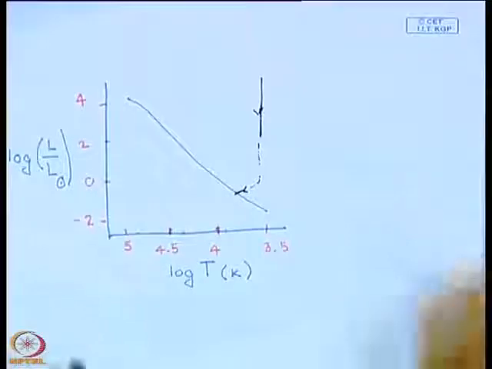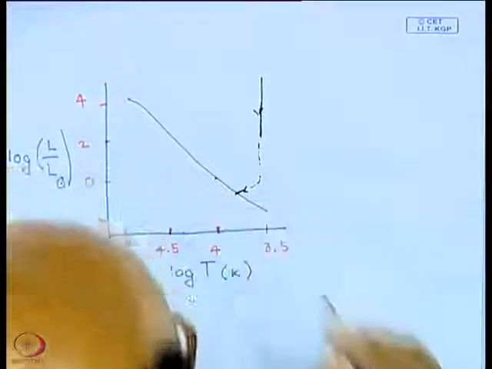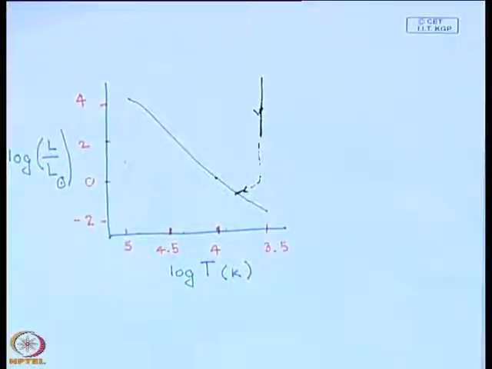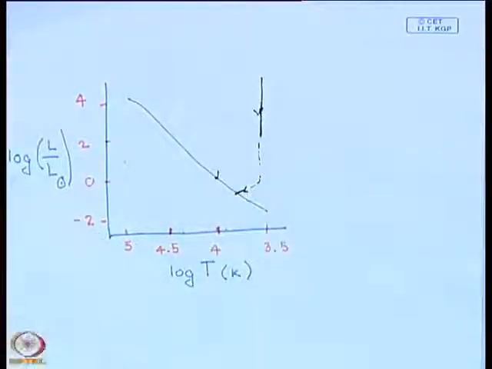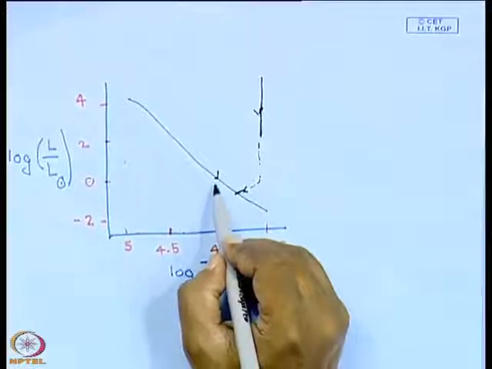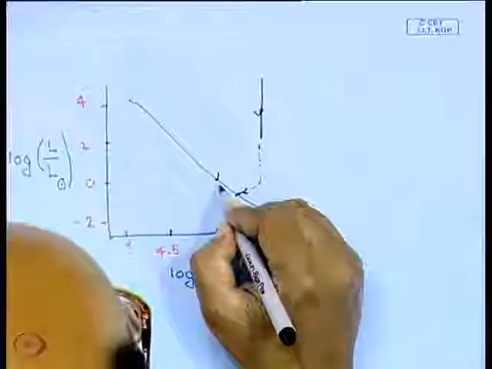Okay, and let me indicate this on the diagram. So let us, for example, look at the evolution of the sun, which is somewhere over here. When it joined the main sequence, it would have been somewhere here, and as a consequence of the hydrogen burning in the core, the chemical composition changes and it moves slightly up.